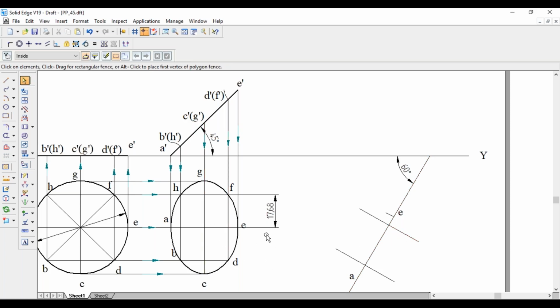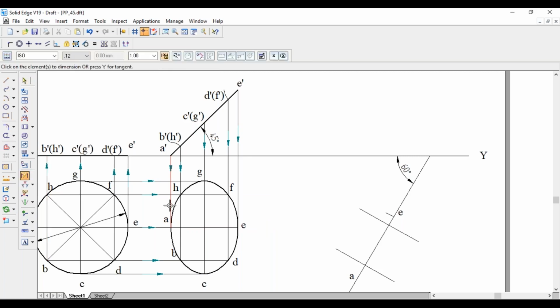Now we have to get CG also. To get CG, it is exactly at the midpoint of AE. So that distance is 17.68 mm. From E, 17.68 mm, draw an arc. Now from this end point also we have to draw the line perpendicular to AE. The distance is this much, that is 25, because this is a 50 mm diameter circle, that is reduced to 25.